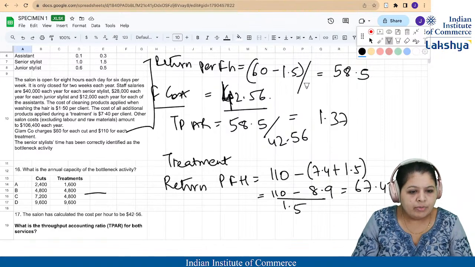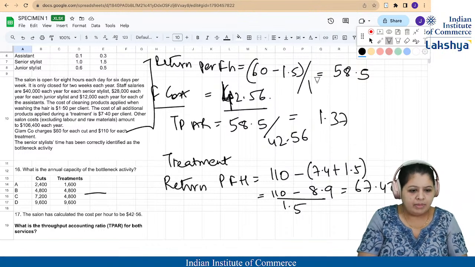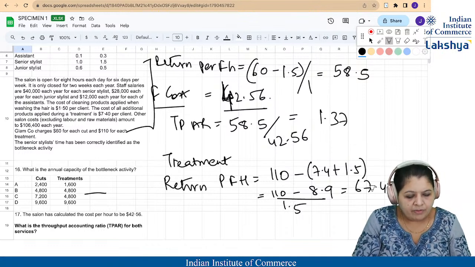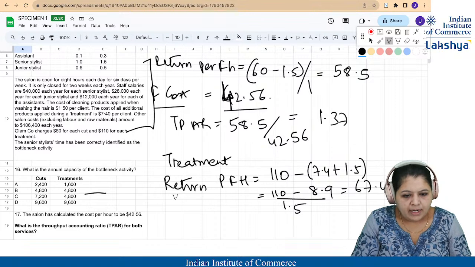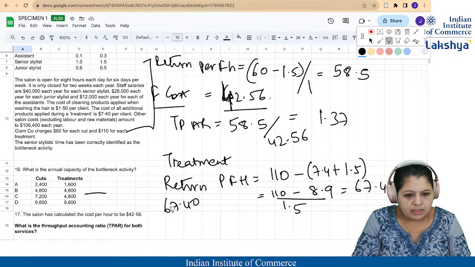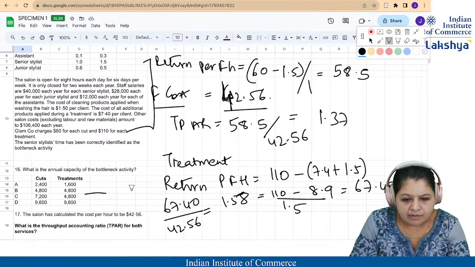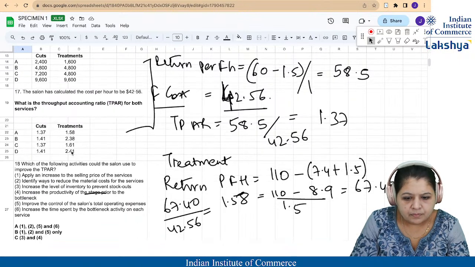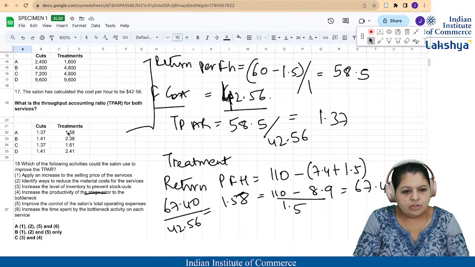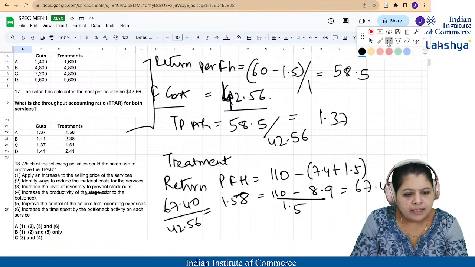Here we did not do it because it was only 1 hour. It's the same thing. Here it's 1.5. So we find out this value. And then finally, what you do is 67.40 divided by 42.56. So that comes out to 1.58. Now let's find out if we have that value. Yeah. So your answer is A.